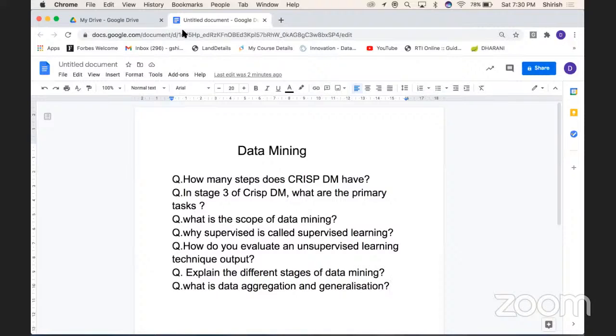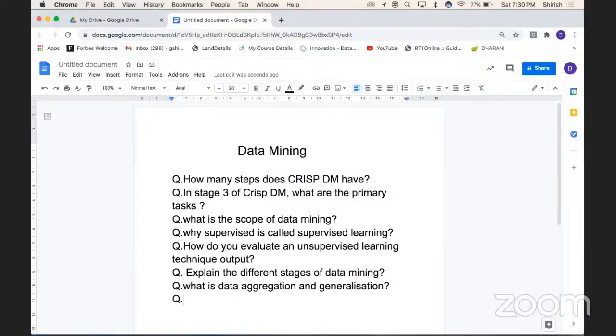Okay. We have started with clustering, right? So assume the data has outliers. What will be the appropriate kind of clustering method? What technique would be appropriate for clustering?